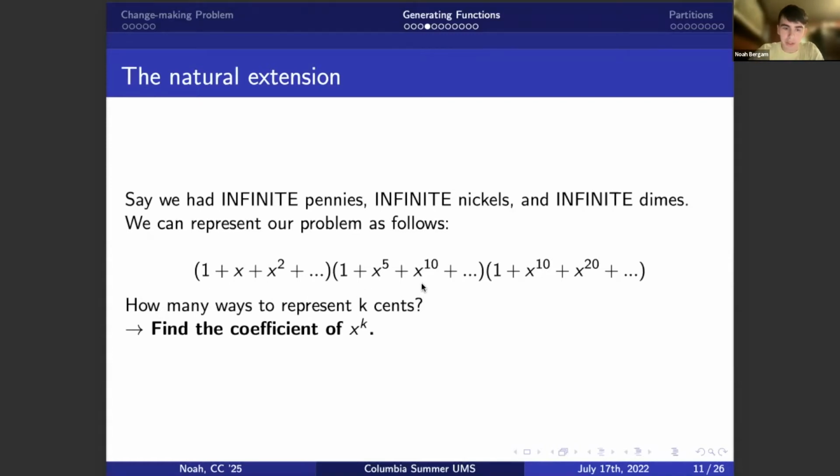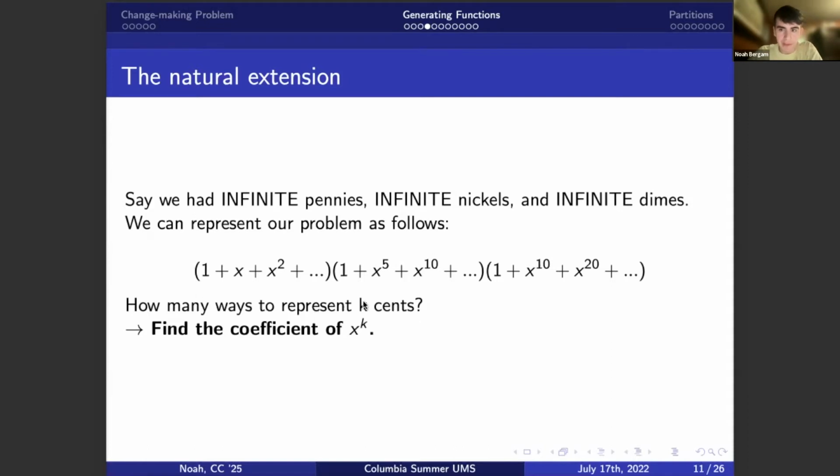So this question turns into finding the coefficient of x to the k after multiplying these polynomials out. Now, of course, these are infinite polynomials, so finding x to the k is kind of hard. It's doable. You can construct some algorithm where you're choosing top bounded polynomials effectively, but there are other ways of going about it.